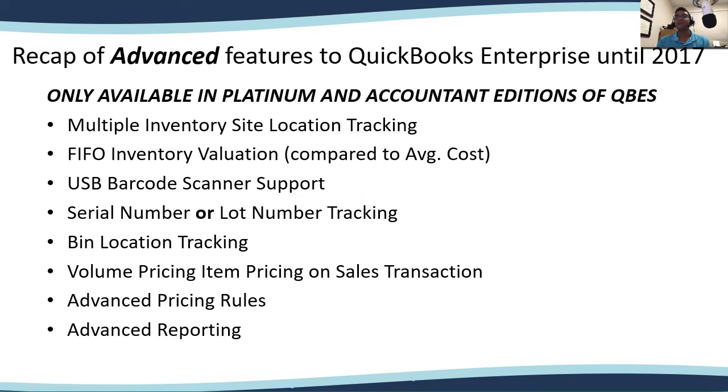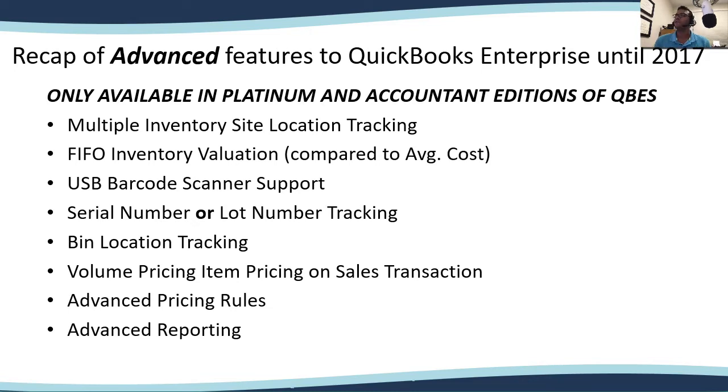Now, another recap of all the advanced features that have been added to QuickBooks Enterprise until last year. This is a recap of everything since QuickBooks Advanced Inventory, or the advanced features, which are now called Platinum in the Platinum subscription. These are all the things that were added in the past 7 years or so.